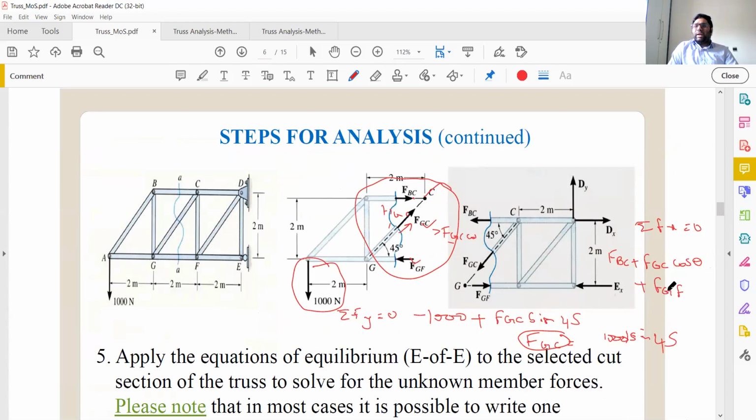So what did we get here? FGC we got. Still how many unknowns are there? 2 unknowns are left. Can we solve the problem like this, with 2 unknowns and with only one condition? Can we get FBC and FGF out of this?